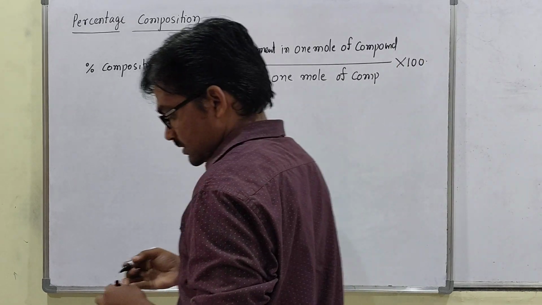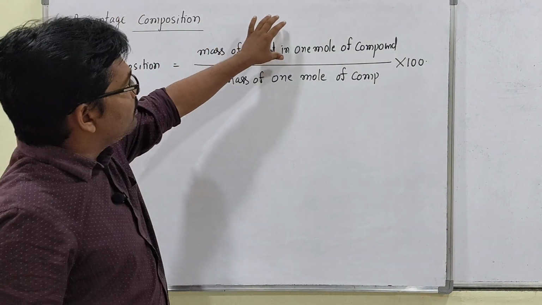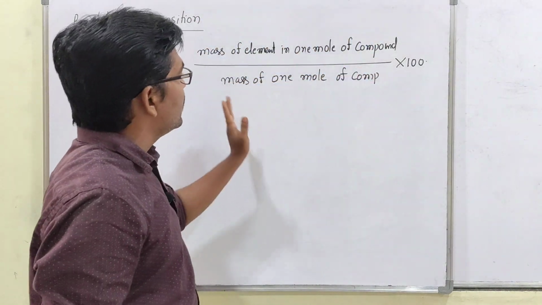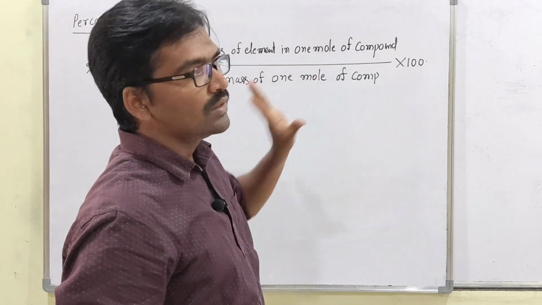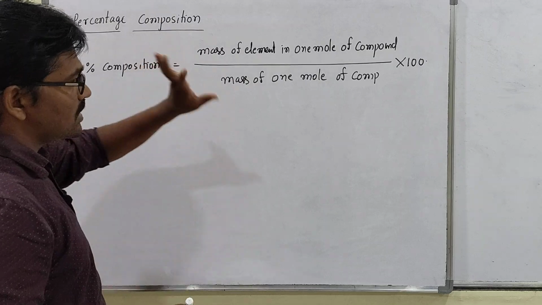This is the formula. So what is the formula? Percentage composition equals the mass of the element in 1 mole of compound divided by the mass of 1 mole of compound into 100, that you have to take. So this is the formula to calculate the percentage composition.